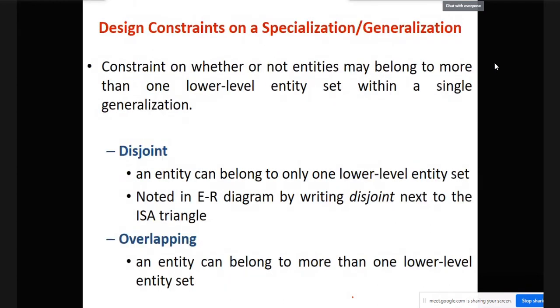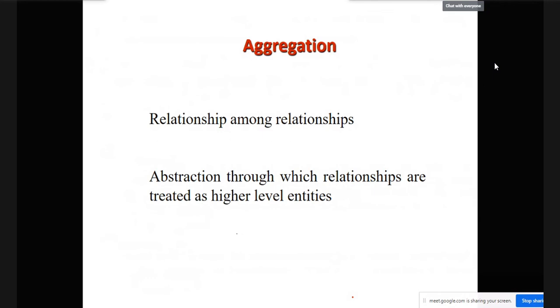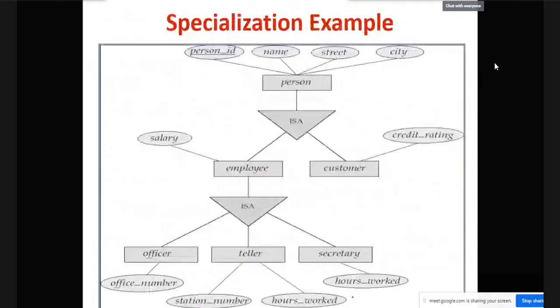Now, this is one more concept related with generalization and specialization. In an ER diagram, these are the constraints. When you want to show something like, just now I showed you this example, employee and customer. I told you that if I am an employee of my bank, as well as I am having an account in the bank, so I am also a customer.